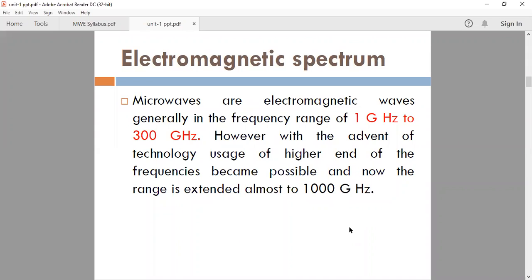Microwaves are electromagnetic waves, generally in the frequency range of 1 gigahertz to 1000 gigahertz, and wavelength also, 10 power 9 to 10 power 15.